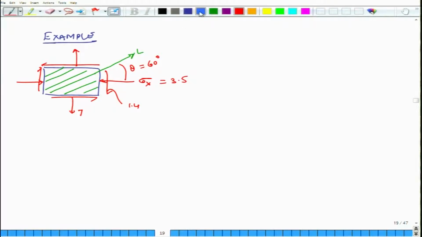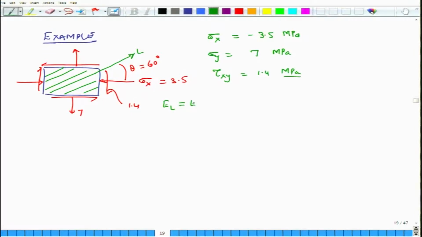So, just to be clear, sigma x is equal to minus 3.5 MPa, sigma y is tensile, so it is 7 MPa, and tau xy, because it is in the negative direction, positive direction we have defined earlier also. So, its value is 1.4 MPa. And now we will also give you the material properties.